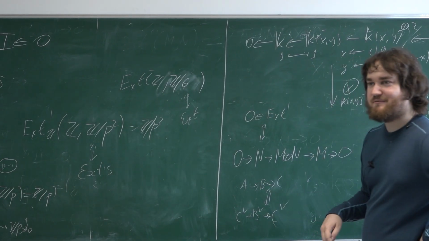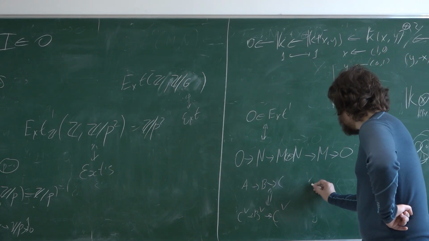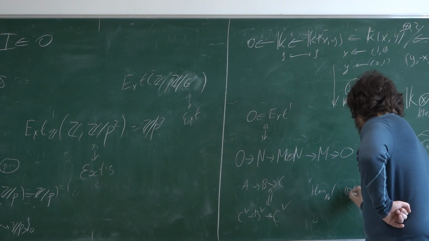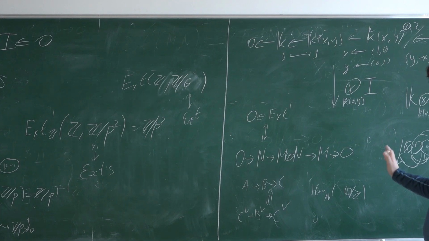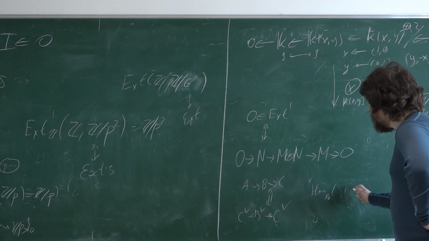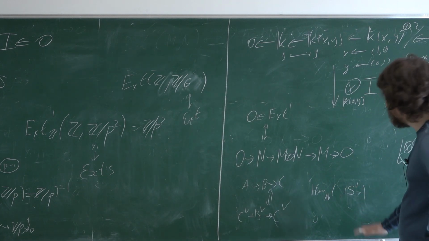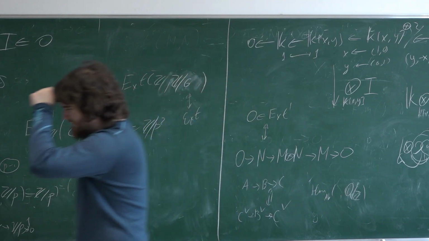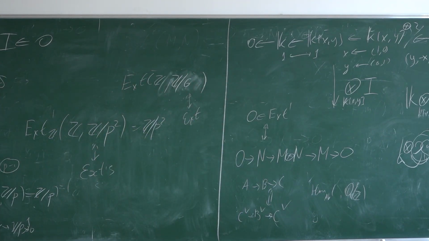You can also check this. It's Hom over abelian groups to Q modulo Z. It's modulo circle. In fact, it's true for circle also. Okay, let's take a break.